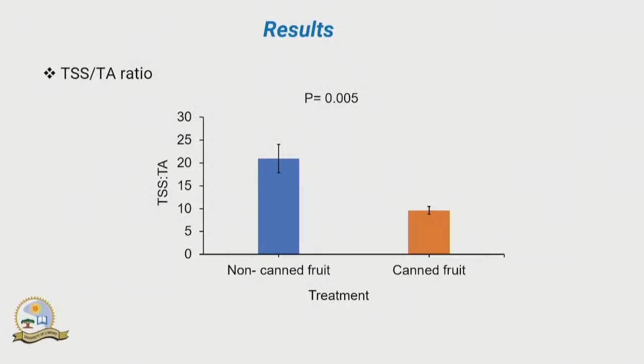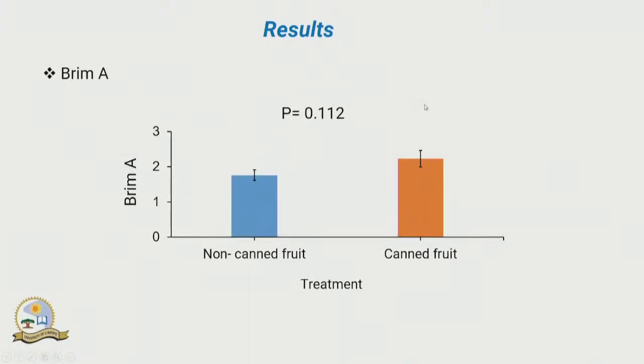Because of that, we measured the TSS and the TA, and you can see that the non-canned had about 20%. That might also be a problem because the denominator and the numerator both have acidity and sweetness, so the ratio might also not be a good indicator of sweetness.